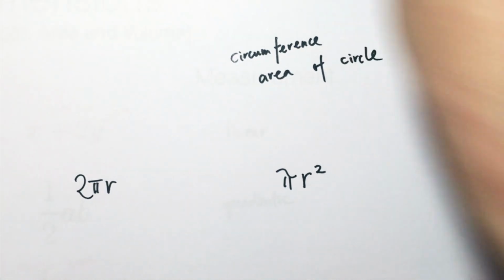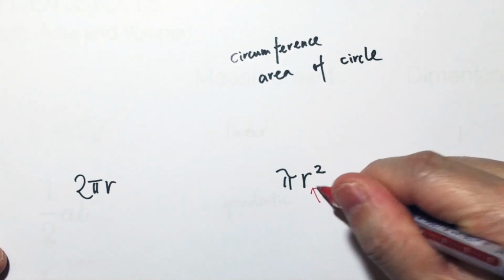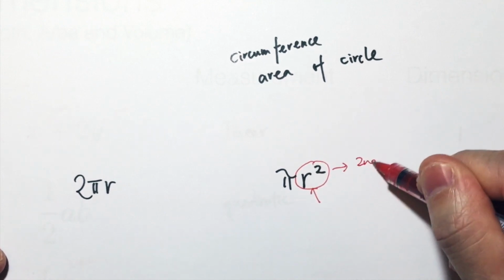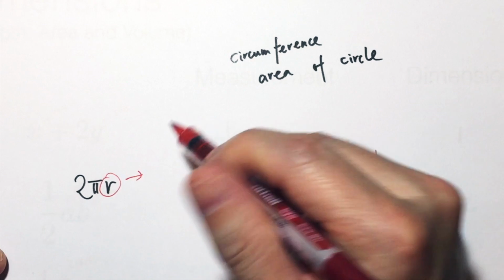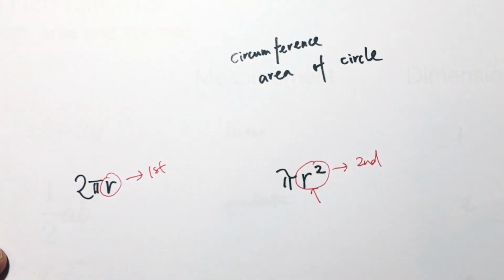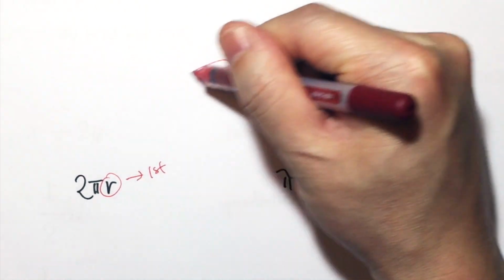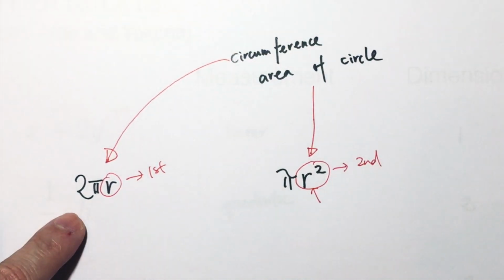We can simply inspect or check the unit or the dimension, since this is of the second dimension, and this is only of the first dimension, and therefore this will be the area of the circle, and this will be the circumference of a circle.